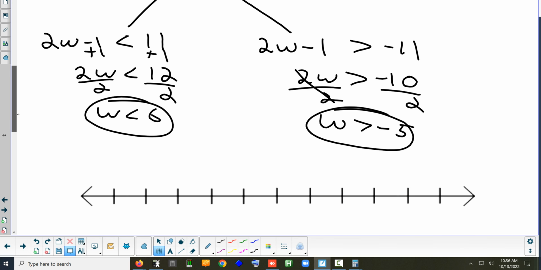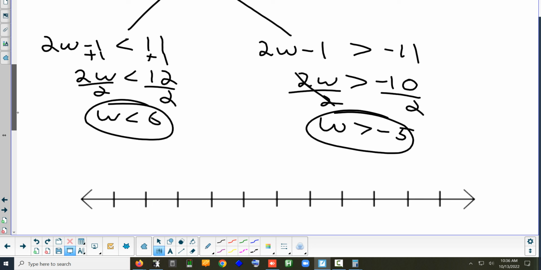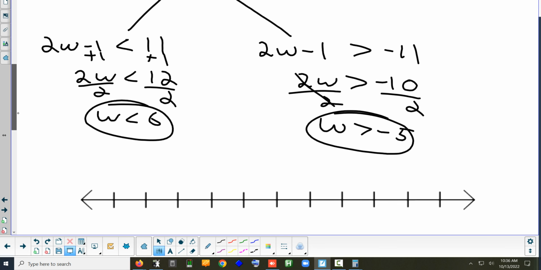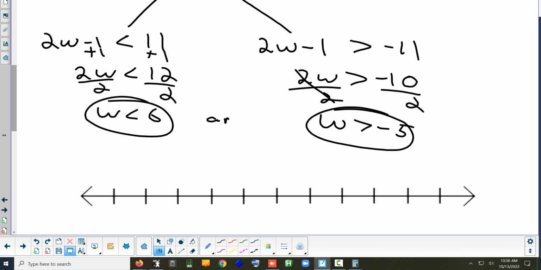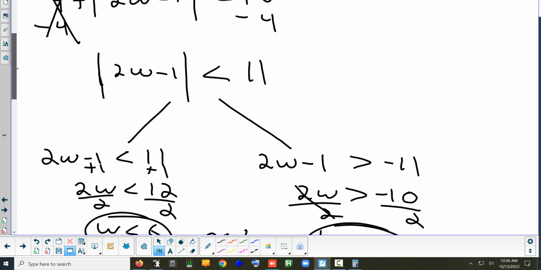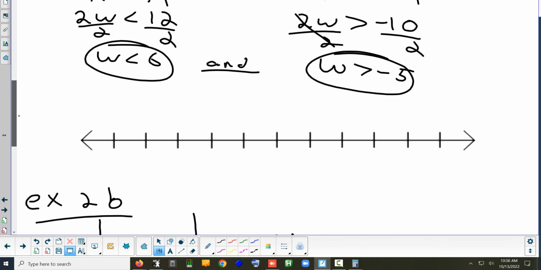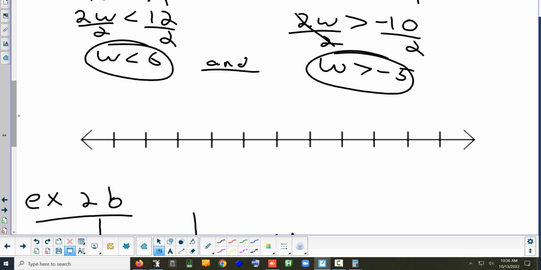And what word goes between the two? Yep, this is an and. Because the original symbol was a less than. Let's set up our number line. Let's go by 2s.